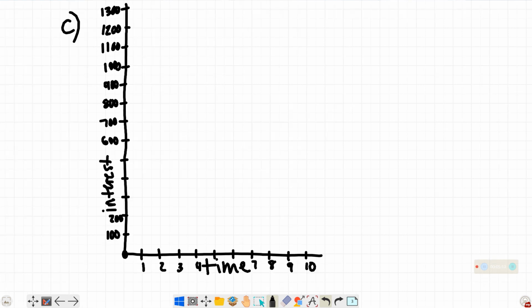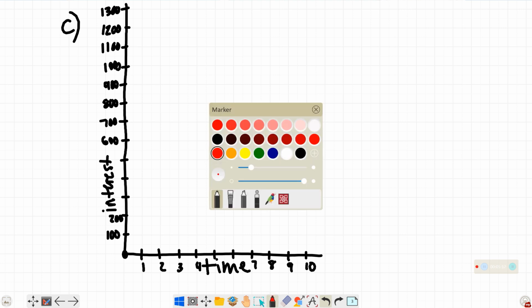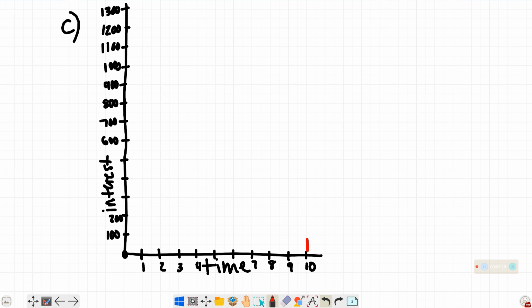So if we move over to 10 on the time, then we need to go up to 1,150, which is in between 1,100 and 1,200. Then we are going to connect those 2 points to form a line.